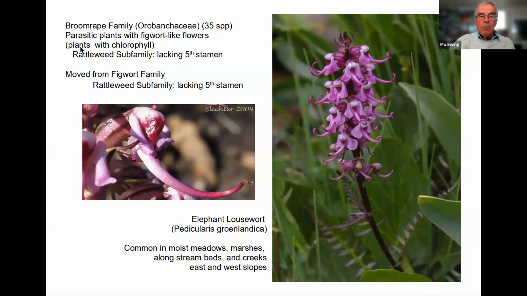These were parasitic plants. Remember, it was moved from the Scrophulariaceae, the figwort family, and this is one which is parasitic. I'm not sure what it attaches onto, but it attaches onto somebody else. And once you see this one, you're never going to have a problem identifying it again, because these look like little elephant heads.